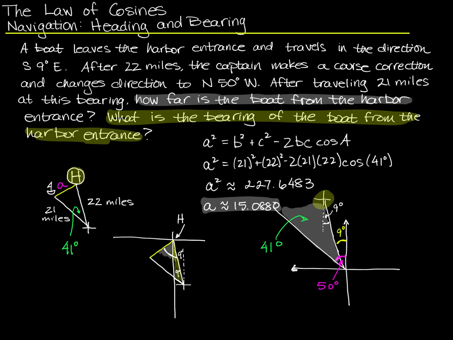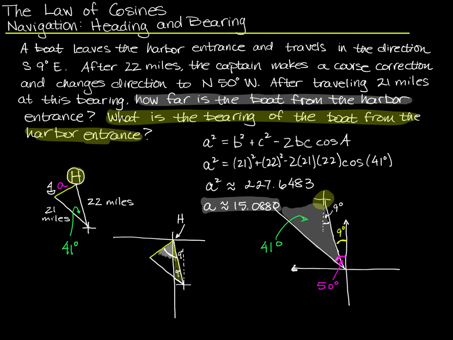So I can find that total angle, but I'm asked for the bearing of the boat from the harbor entrance. So what I really want ultimately is just the white angle. But that's okay, because once I've found this whole angle, I just need to subtract 9 from it. All right, so let's go find this angle. It's this angle right here.